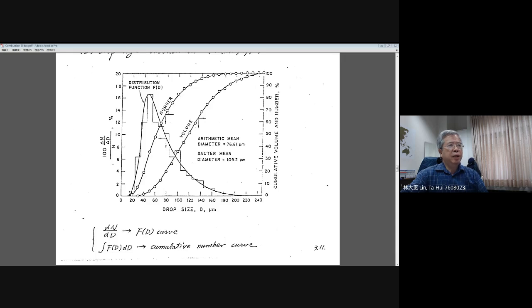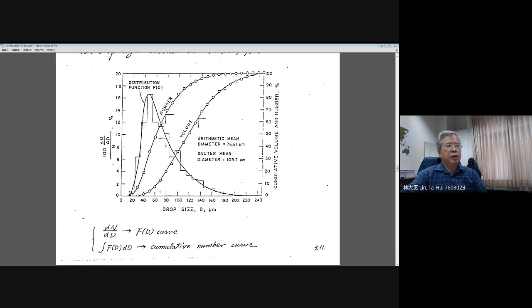For example, at this point, 80 microns, the droplet size less than 80 microns will be around 70%. That means that looking at the distribution function, there is a large portion of your droplets with size less than 80.